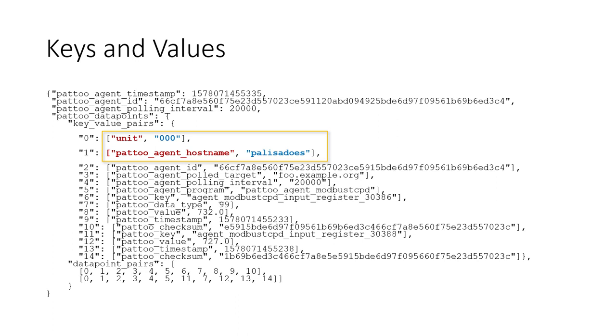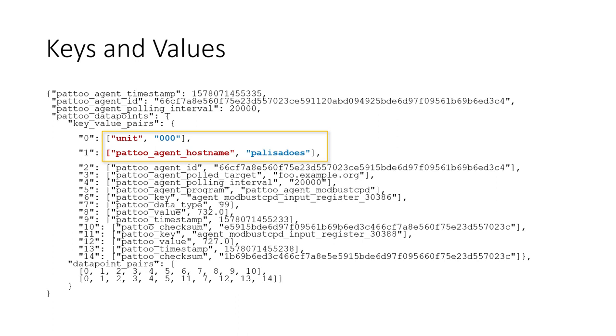The key is unit and the value is 000. For the second item, because we're numbering from 0, the first one is the 0th and the second one would therefore be the first.